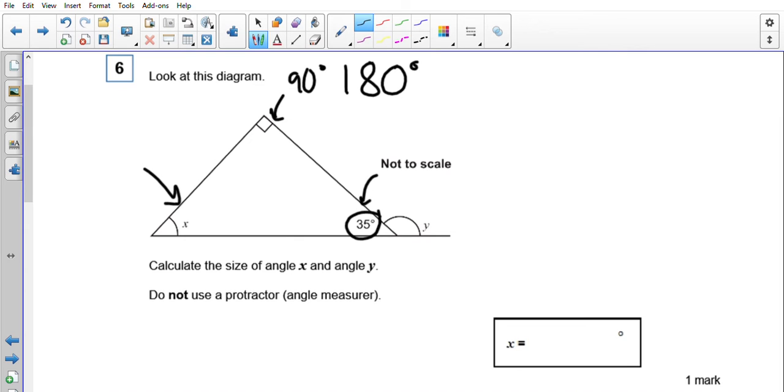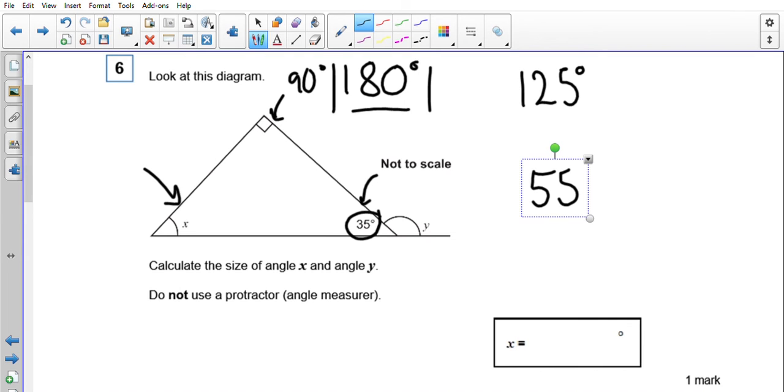So 35 plus 90 is 125. My internal angles in a triangle are always 180 degrees, which means that my angle X must be what's left if I find the difference between 180 and 125, which must mean that angle X is 55 degrees.